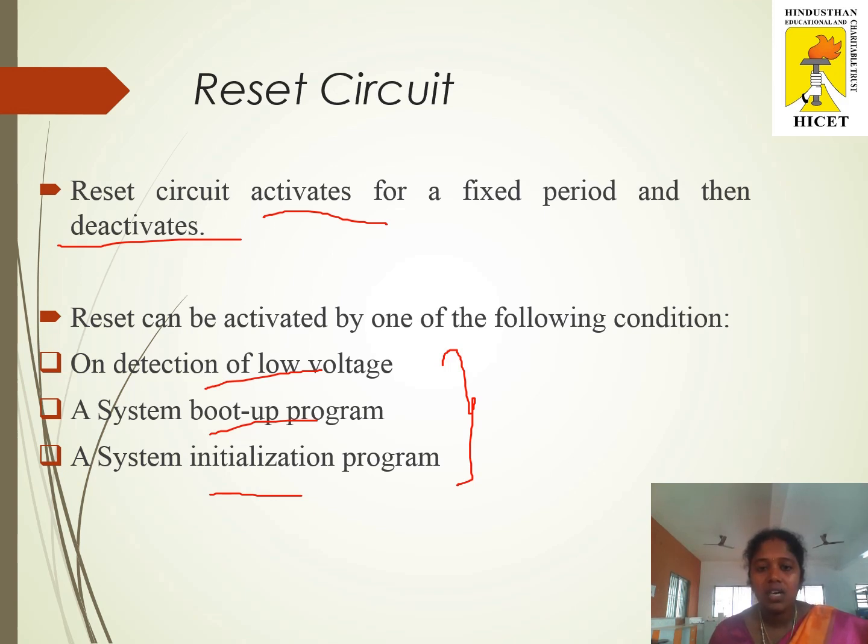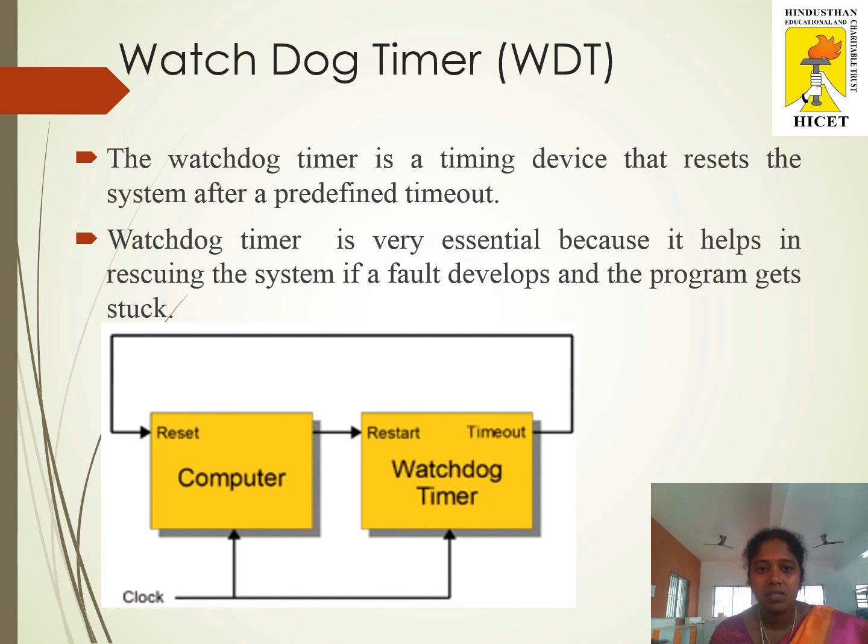The next hardware element present in an embedded system is the watchdog timer. The watchdog timer is an important hardware element because it is a timing device that resets the system after a predefined timeout. It is essential because it helps in rescuing the system if a fault develops and a program gets stuck.